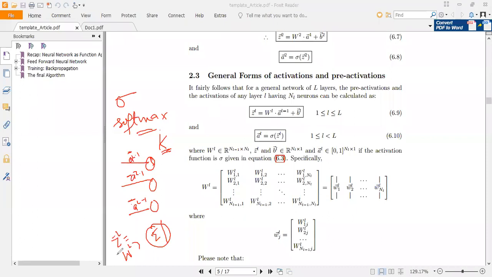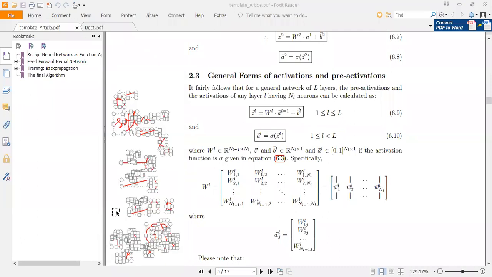It will be WL transpose times AL minus 1, this vector, plus BL. So this is how the Z vector will be computed. However, the nonlinearity here is not the sigmoid. It is denoted by O and is a softmax, or nonlinear activation.